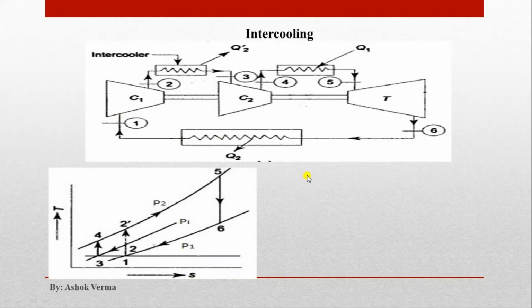So we will see here the TS diagram of the Brayton cycle with multi-staging compression with intercooling. So here you can see process 1 to 2 is isentropic compression, then constant pressure heat rejection, meaning the constant pressure intercooling, and here we are cooling the air till the initial temperature, meaning the temperature of the air after the intercooling will be the same as at the initial stage 1.